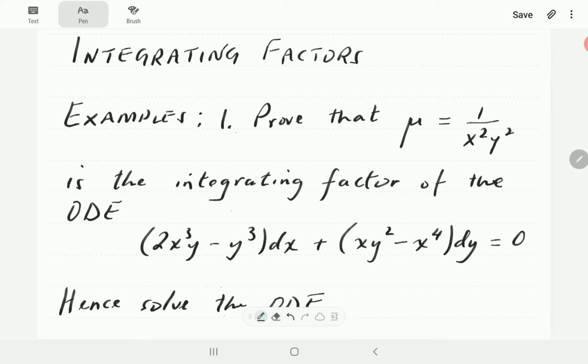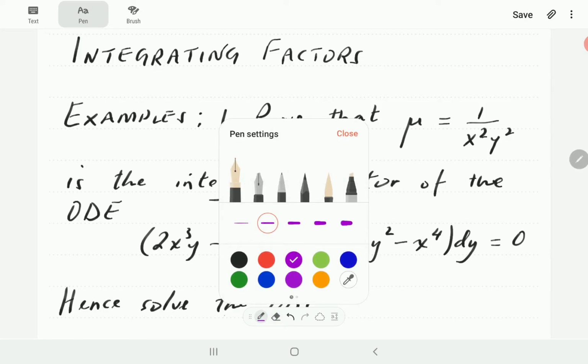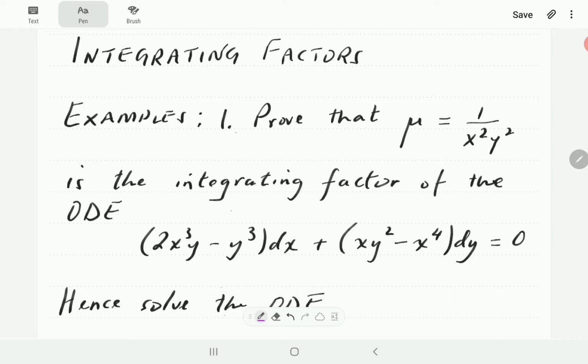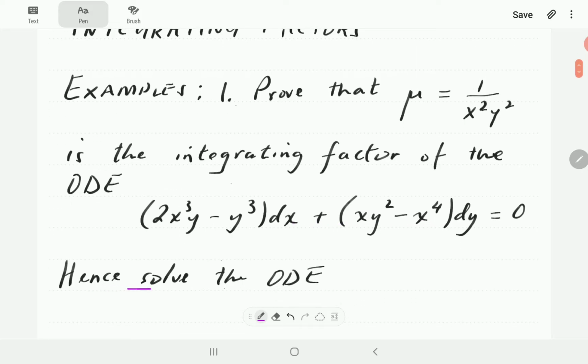Like in example 1 here, the question says prove that mu equal 1 over x squared y squared is an integrating factor of this ODE here. And then once that is proved, we are going to use that integrating factor to solve the ODE.